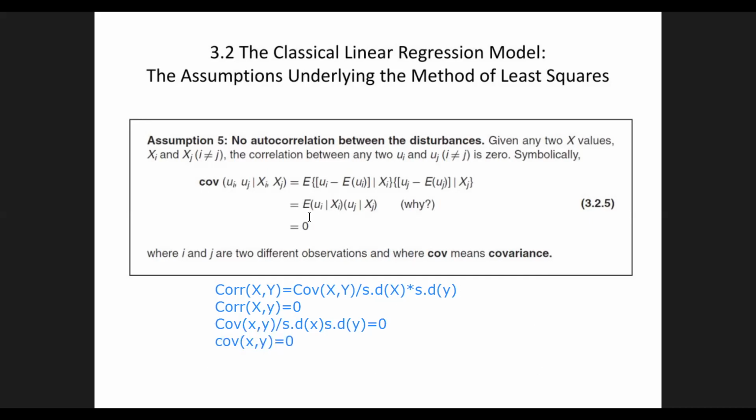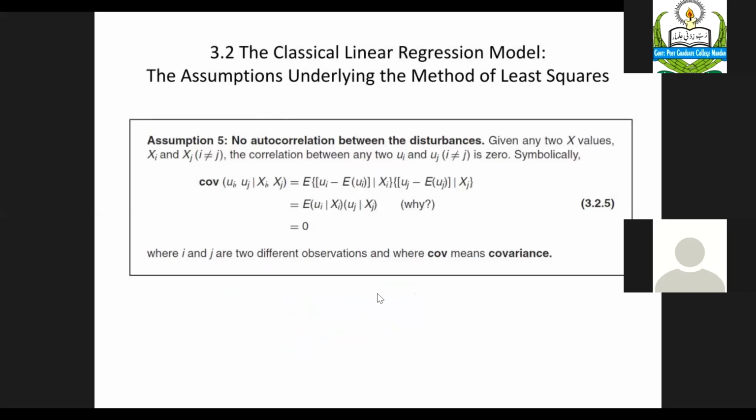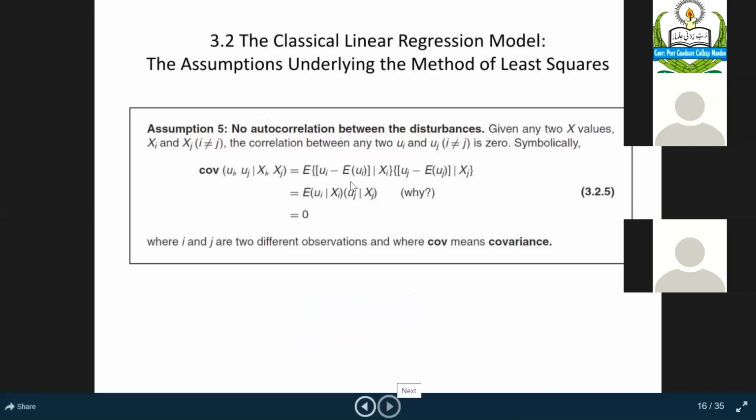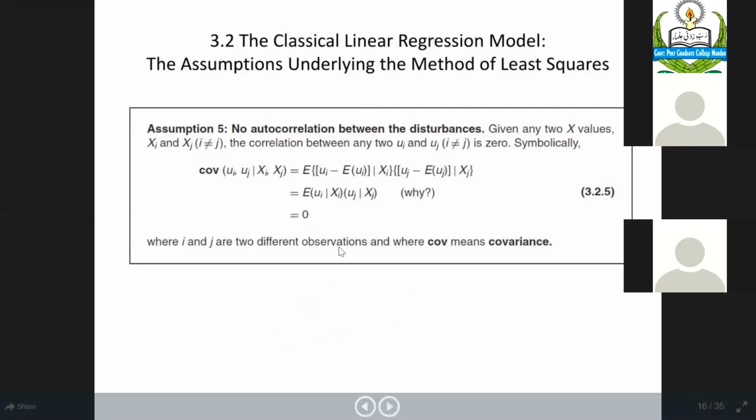So here it is in equation 3.2.5, that covariance of ui and uj is equal to 0. When covariance becomes 0, then correlation will also be equal to 0. So this is assumption number 5, that there is no autocorrelation between the disturbance terms.